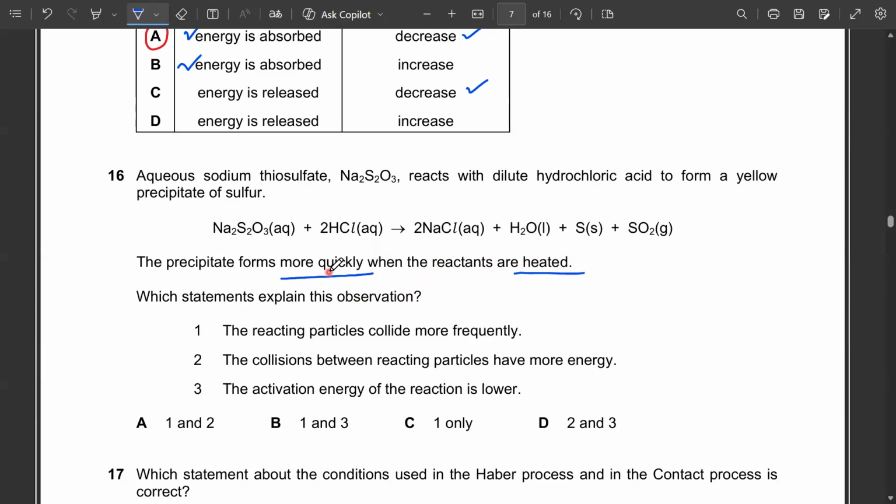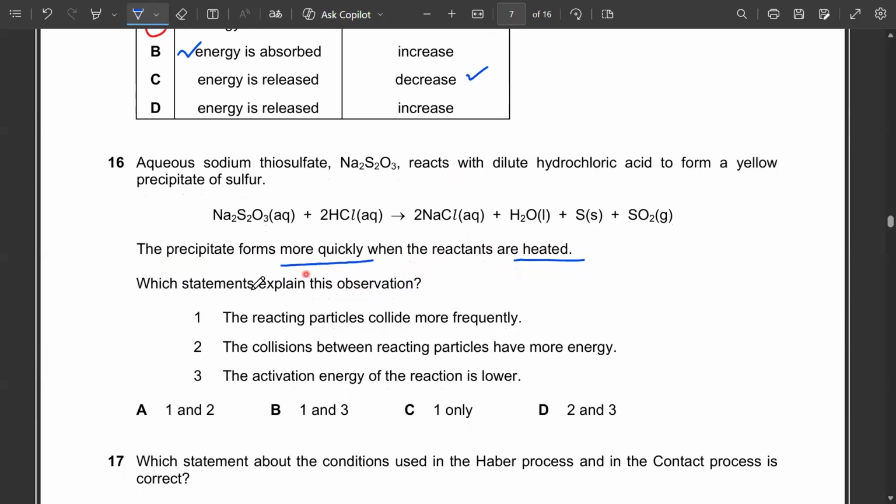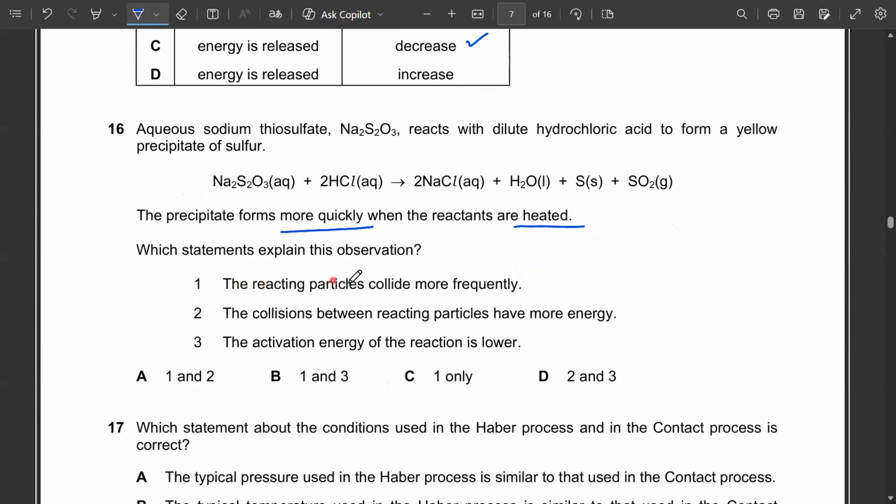First statement says the reacting particles collide more frequently. So, yes, the frequency of the collision depends upon temperature. If you increase the temperature, the particles will collide more frequently. So statement one is correct.